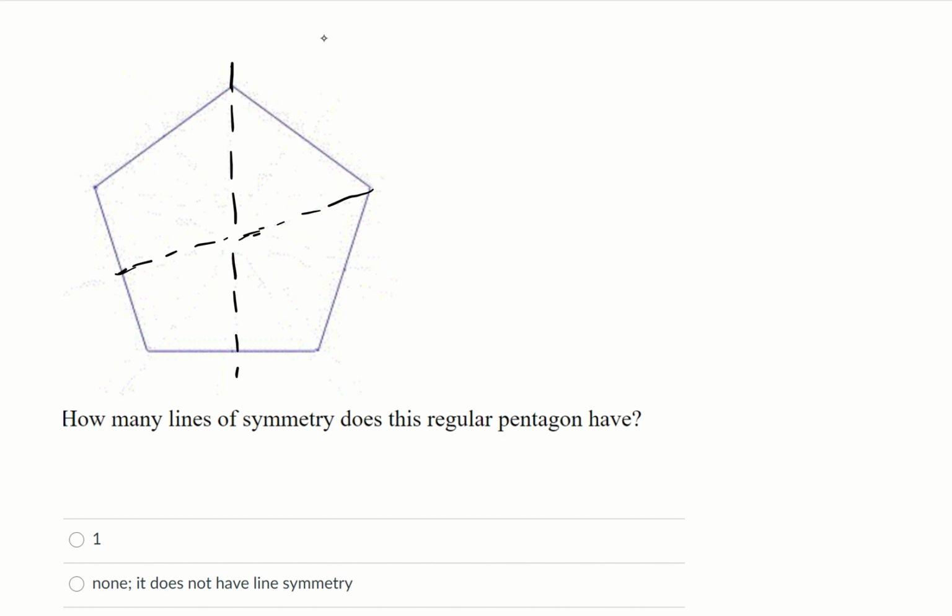If I were to fold this, it would fold up on that side. It's a nice little reflection on that side. And then similarly, if I were to do this here and fold this up on the other side, it would line up to this one.